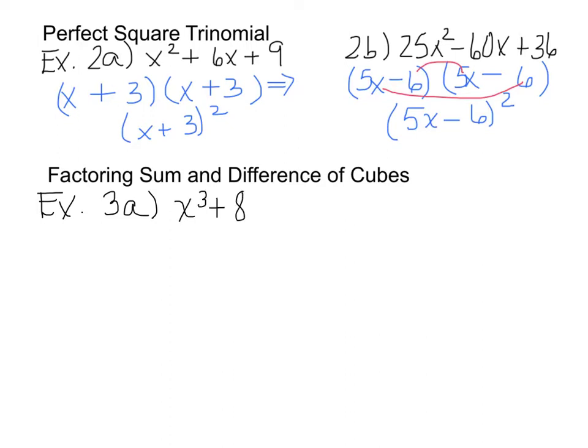And what you're going to do first is find out what term cubed gave us x cubed, which is x, and what number cubed gave us 8, which is 2. Okay? So you're like cube rooting the 2 terms.